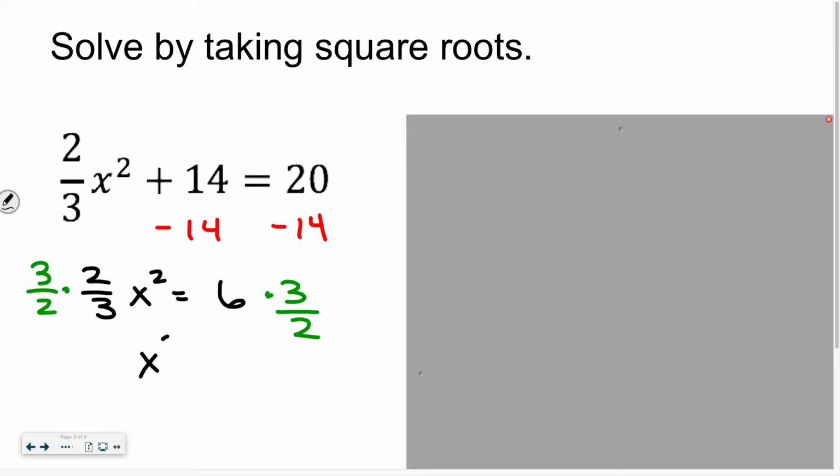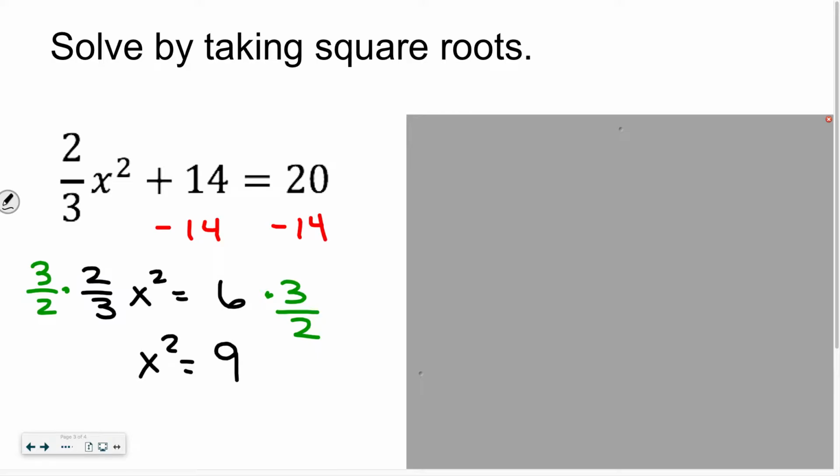So you have x squared equals, and this would just be 18 over 2, which is 9. Now, if it came out to be a fraction, I'd leave it as a fraction. Generally we want our answers to be in exact form, not rounded form. That's preparing you for pre-calculus and calculus, where your teachers want exact answers.